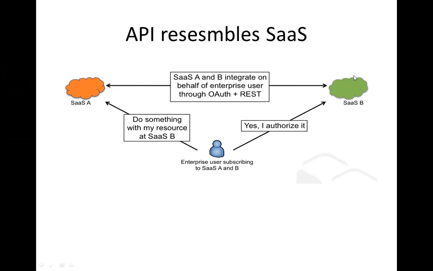So APIs and SaaS resemble each other in one way or the other. They are equal in providing cloud computing, authorization, and data exchange using the protocols.